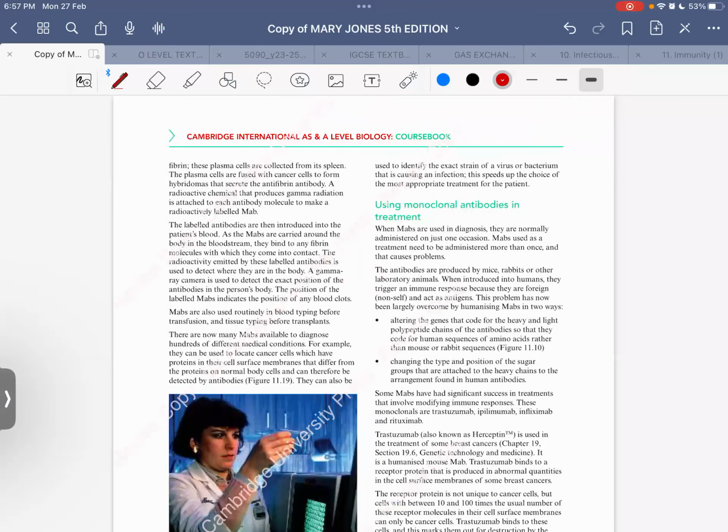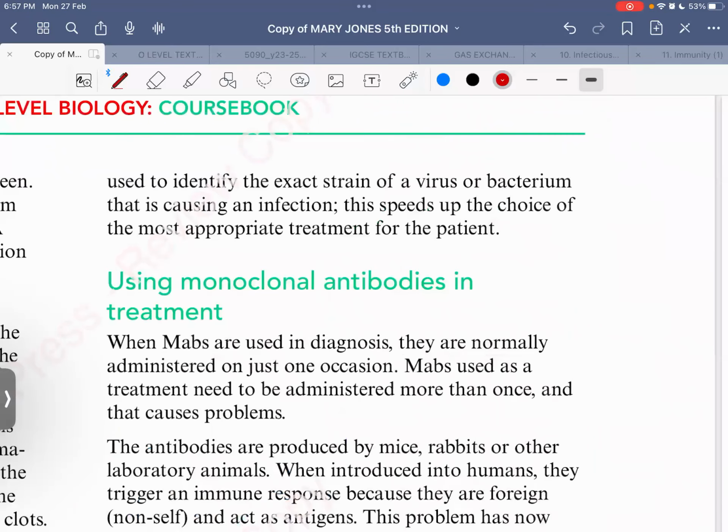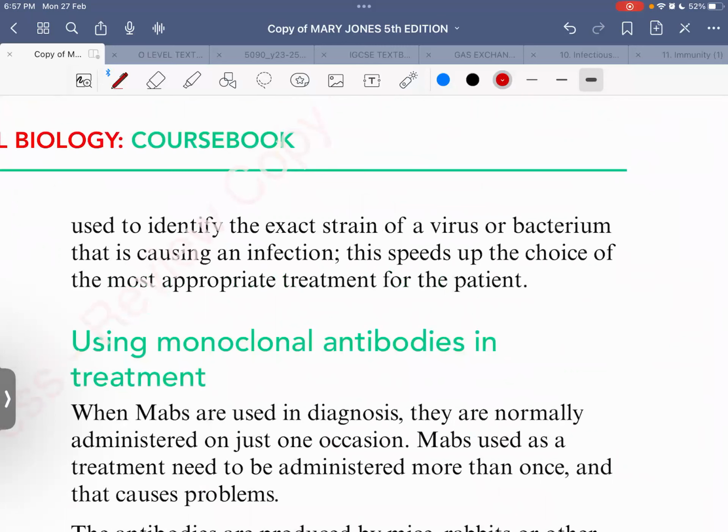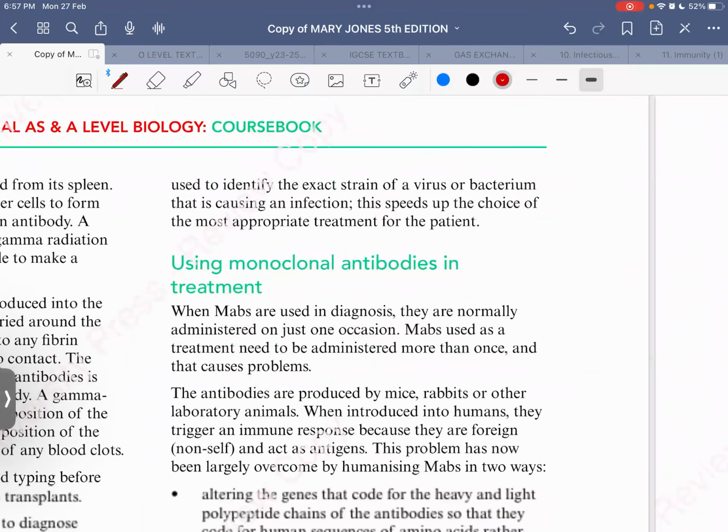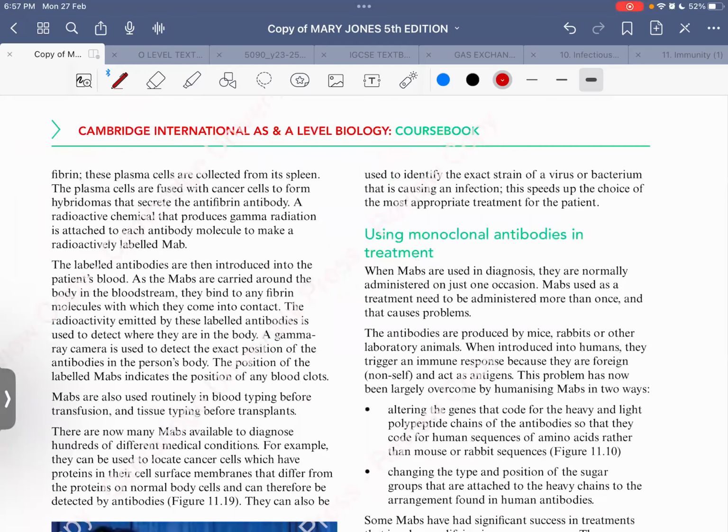Monoclonal antibodies can also be used to identify the exact strain of a virus or bacterium that is causing the infection. This speeds up the choice of the most appropriate treatment for the patient. For example, let's suppose कि a person is suffering from malaria. ठीक है, अब मैं आपको एक मलेरिया की एग्जांपल देती हूँ जो आपको समझ आएगी when we will be moving on to chapter infections.